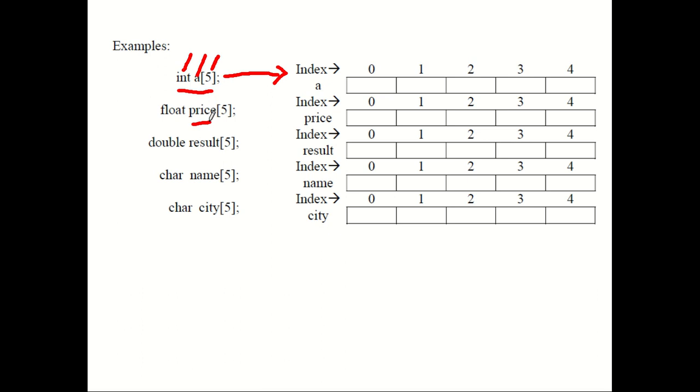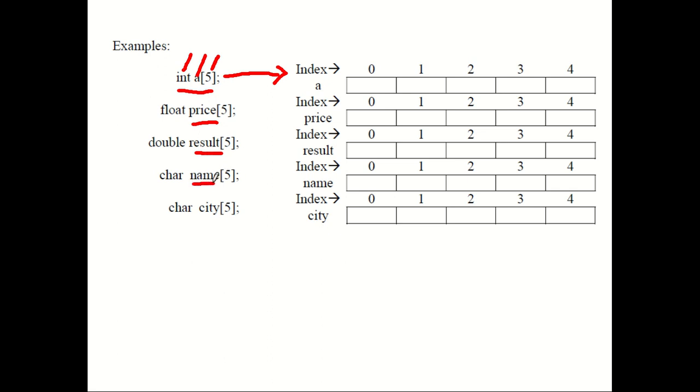Here another variable is declared by the name price, of size 5, and it is of type float, so we can store the price information of 5 items. One more variable, result, of size 5, can store the results of 5 students.